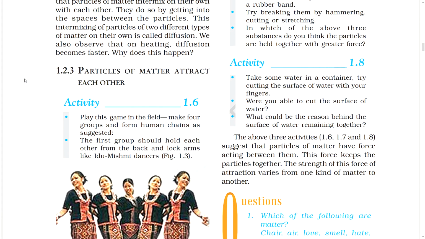Particles of matter attract each other. Activity. Do this. Play this game in the field, make 4 groups and form human chain as suggested. The first group should hold each other from the back and lock arms like Idu Mishmi dancers.